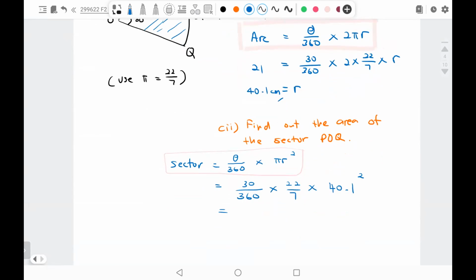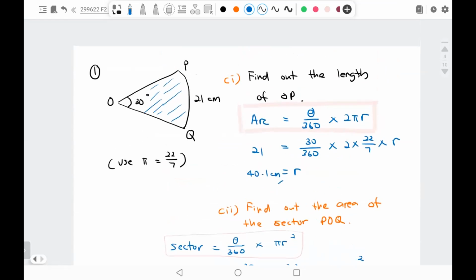Okay, so 421.15, round off. Okay, just round off. Good, correct.